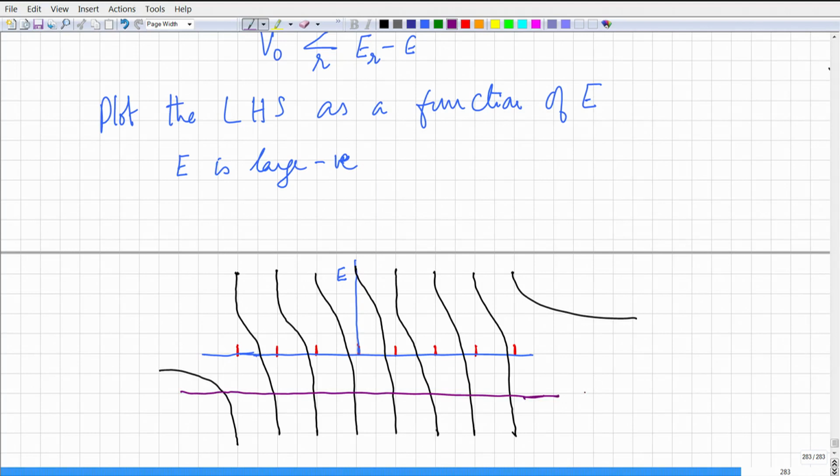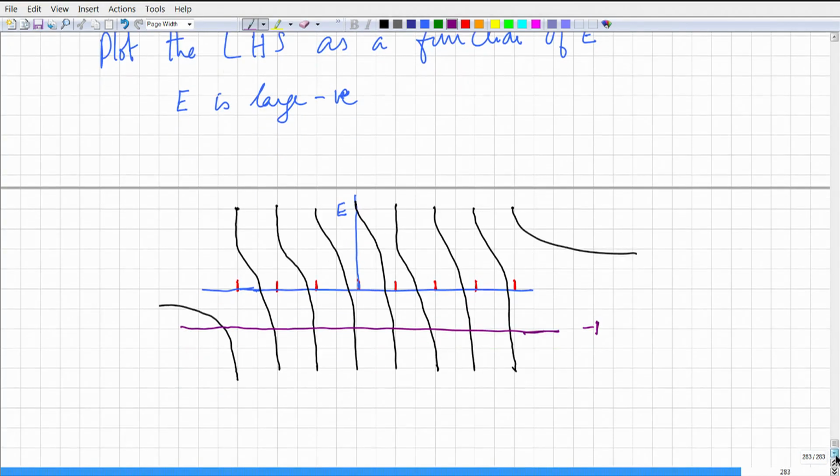This is minus 1, and so the points of intersection will give you the energy levels, because one of the ways of solving these equations is the graphical way. The energy eigenvalues now will correspond to this one, this one.